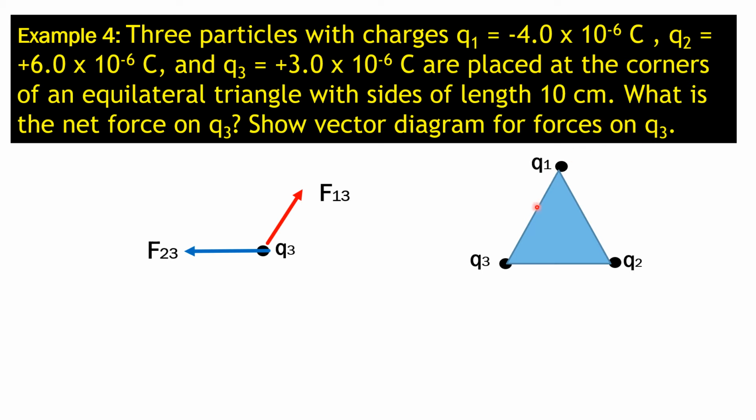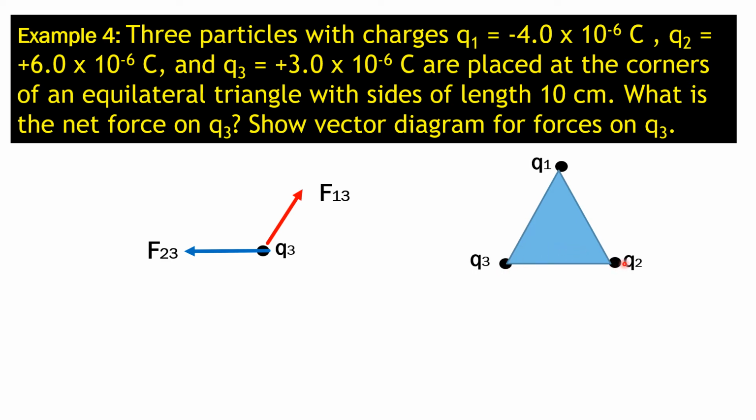Alright, so here is the equilateral triangle, and each charge, according to the problem, is placed at the corners. So I just assume that Q1 is here, Q3 is on this corner, and Q2 is in that corner.